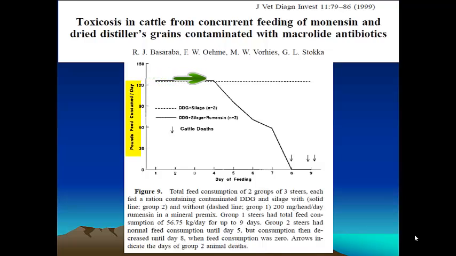And then consumption decreased in the group receiving monensin and dried distillers' grains, and all the animals died by day 8. And the animals that only received dried distillers' grain had normal feed consumption all the time, and they didn't develop any signs. So when they did necropsy on those animals with the monensin and the dried distillers' grains, the lesions were identical to the ones that we just described earlier.